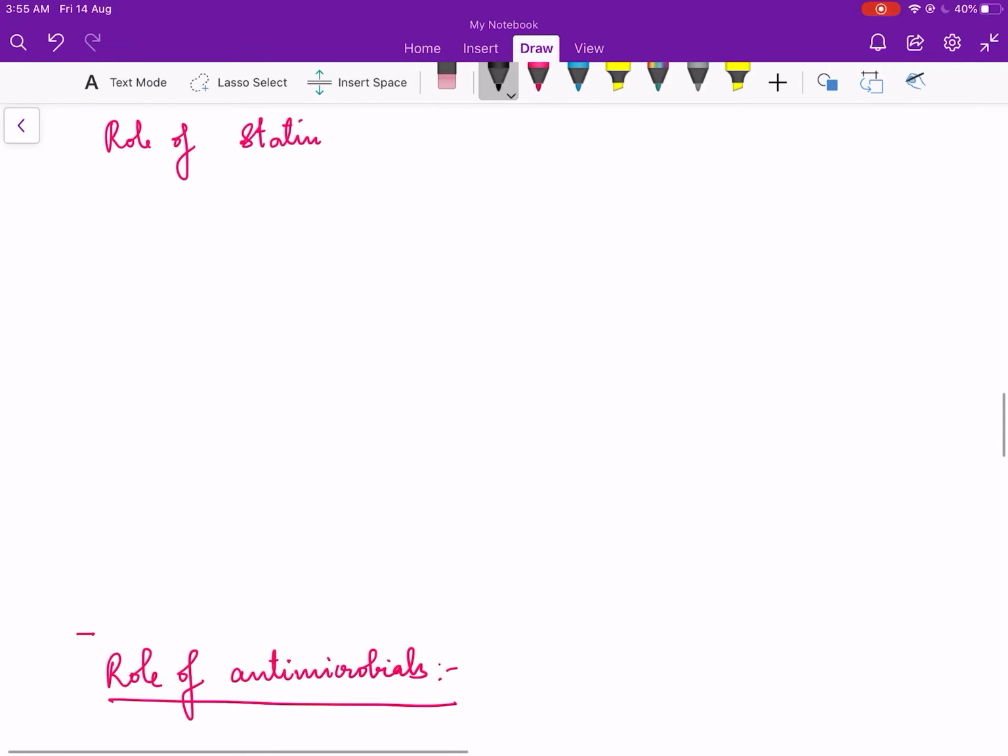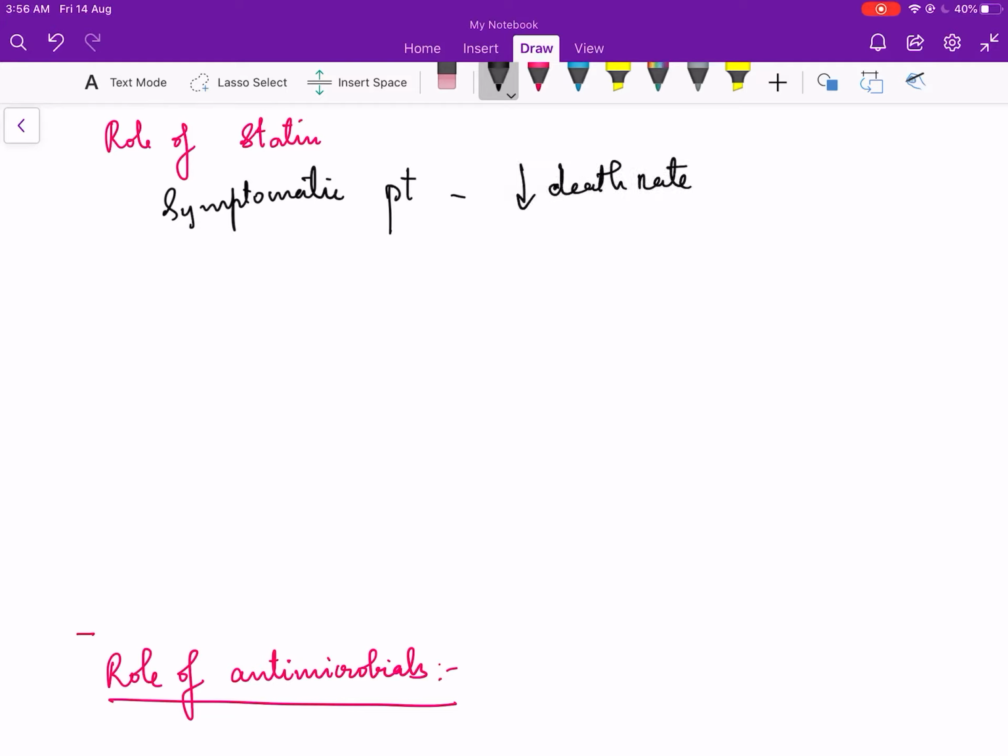What is the role of statins in these patients? In the pre-op preparation we start statins in symptomatic patients. This is also associated with decreased death rate and decreased stroke risk.